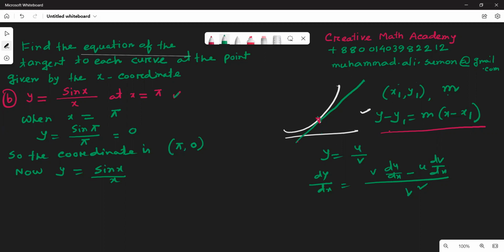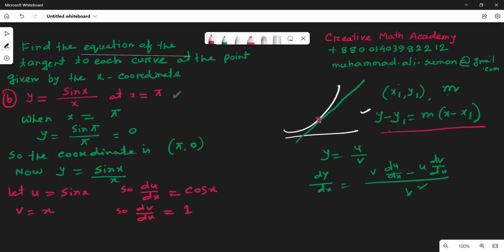So here we can write let u equals sin x. So du/dx, it is trigonometric differentiation: when you differentiate sin x, it will be cos x. And v equals x, so dv/dx will be 1.